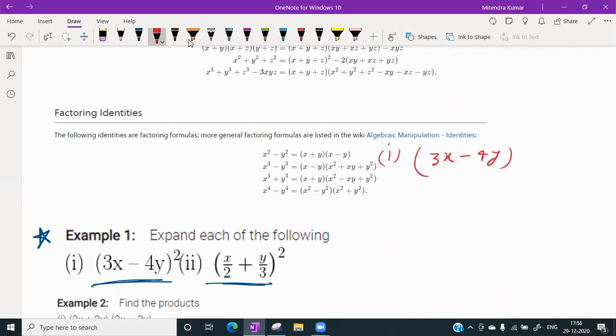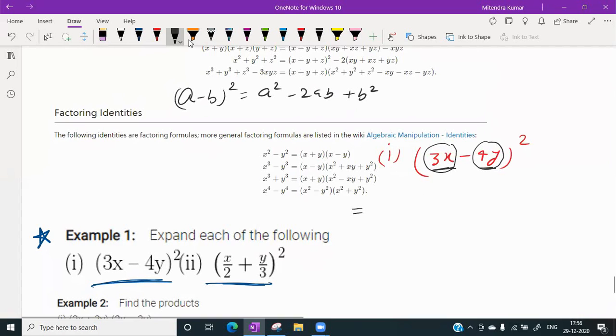I told you it is not always a and b; you will get x, y, u, v, anything. So this is one term minus second term, whole square. What is the identity? We have a square minus 2ab plus b square. So same thing. What is in place of a here?